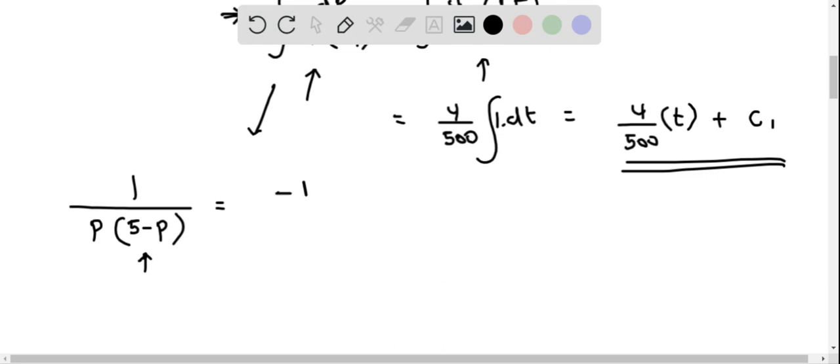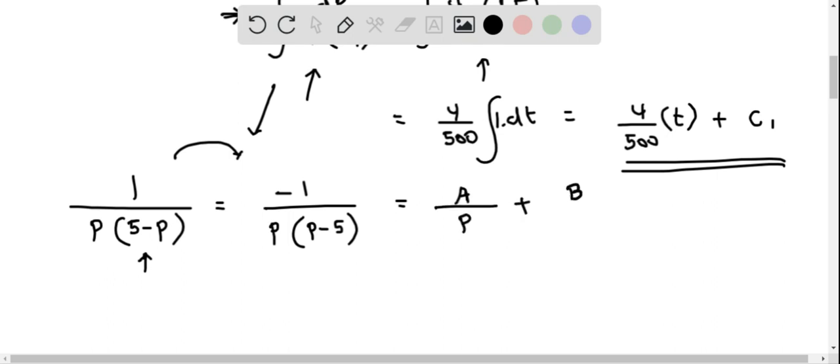So this becomes negative 1 divided by p times p minus 5. We rewrite it in this form so that it is convenient for the partial fraction method. This can be written as a divided by p plus another constant b divided by p minus 5.